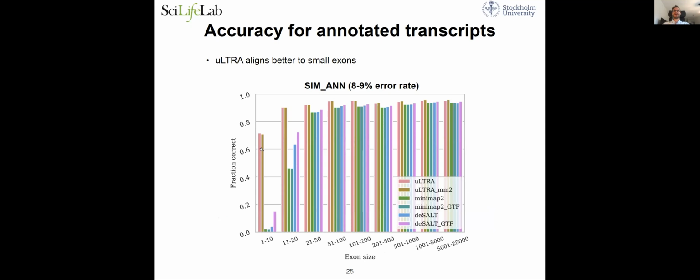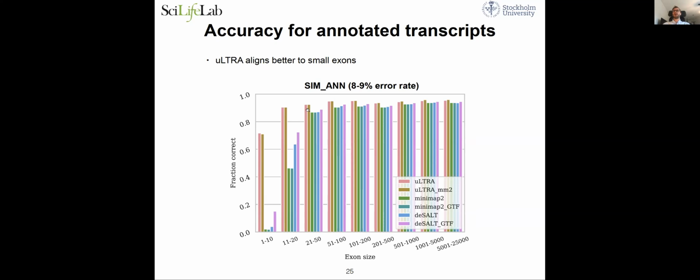What we did is that we took all the individual exons in each of the reads and checked whether each specific exon was correct or incorrect. And then we divided them into exons of size 1 to 10 base pairs, 11 to 20, and so on. Then we looked simply at the total fraction correct in each length class. We can see that there is a big difference in the very short exons.